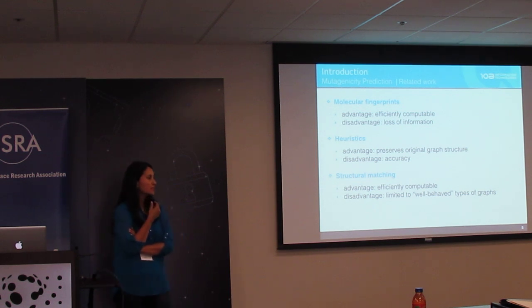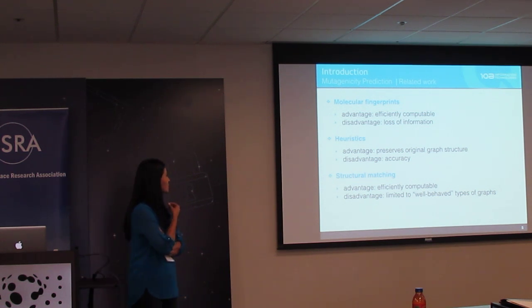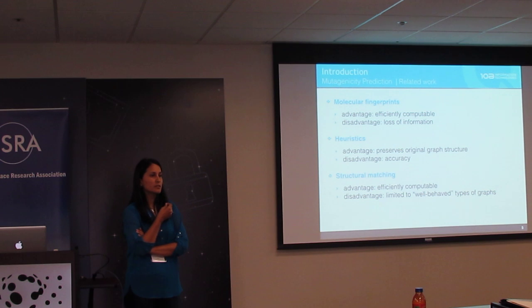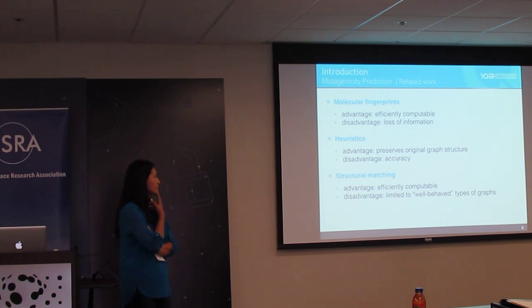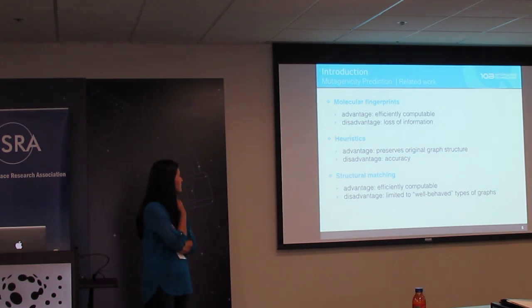So basically, this vector has the features of molecules. So if the molecule has the feature, they put a 1. If it doesn't have it, they put a 0. And then the similarity is calculated. They use a distance metric. They use a Euclidean distance or any other type of measure, cosine distance.